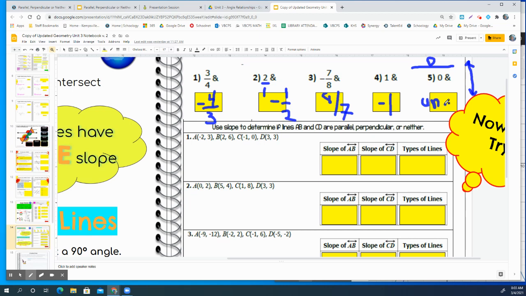Okay. So what I'd like for you to do is, if your last name is the beginning part of the alphabet, I want you to find the slope for A and B. And if your last name is the end part of the alphabet, I want you to find the slope for C and D. I'm going to give you about 30 seconds to do that. So beginning of the alphabet, A and B, find the slope, y minus y over x minus x.